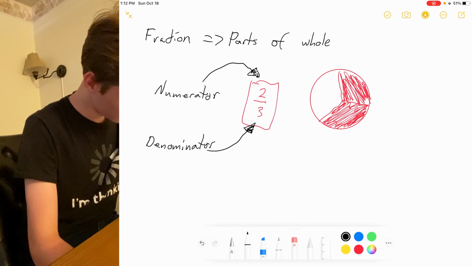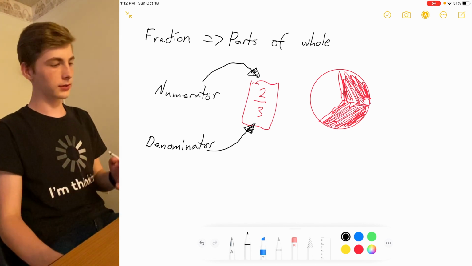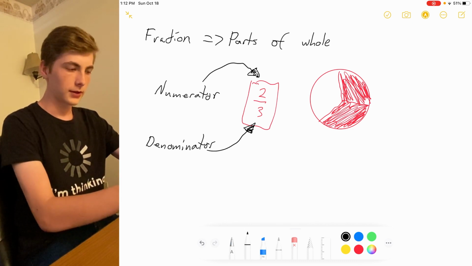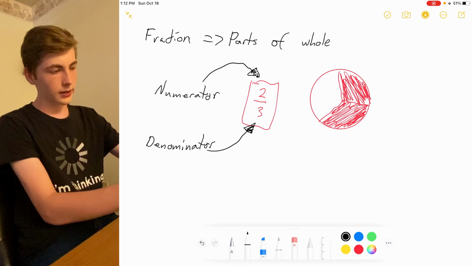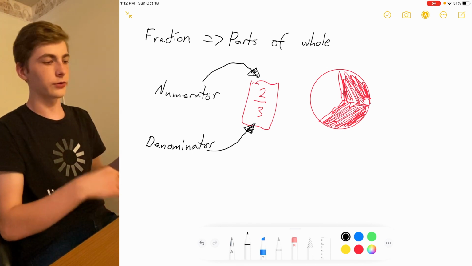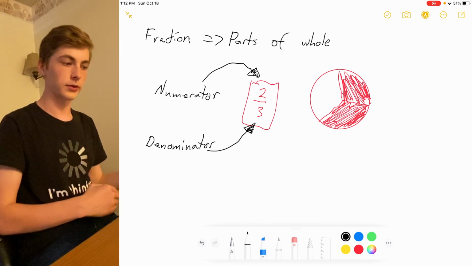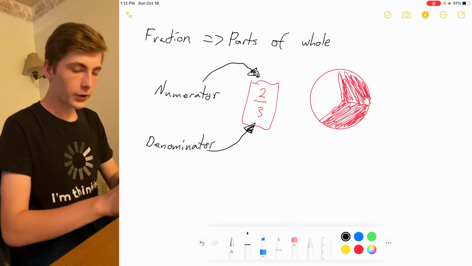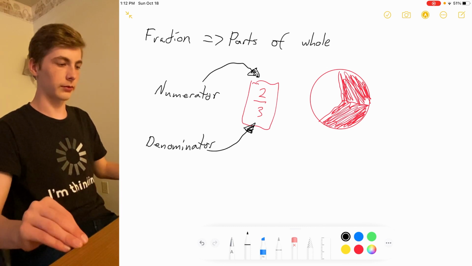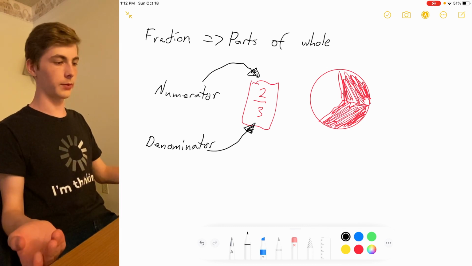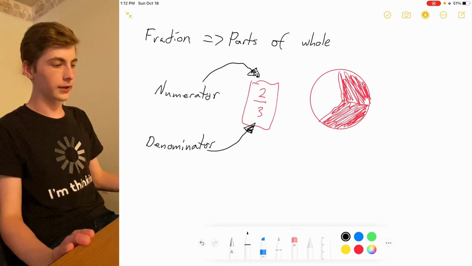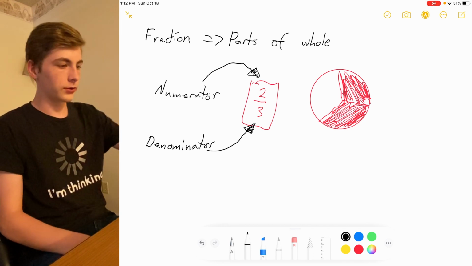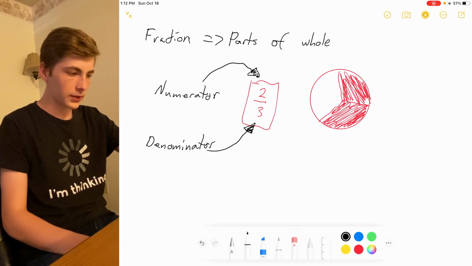These are really important to get down because in math, a lot of the time they're going to refer to the numerator and denominator, and they're super easy to get mixed up. The numerator is on top, the denominator is on bottom. I couldn't come up with anything super simple to help remember that, so I just remember, numerator's on top, denominator's on bottom.